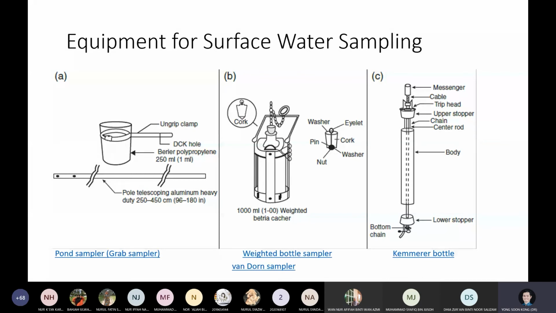Now I'm not sure what you have learned in water resource technology, but I've taught water resource technology myself before. And actually, we have one out of these three. I'm just not sure whether you've seen it or not. You haven't lah.